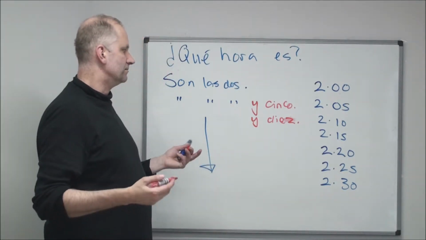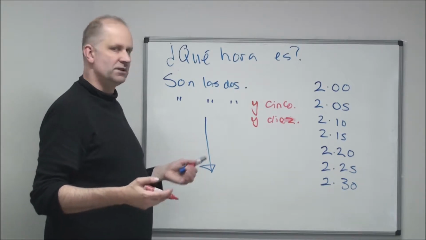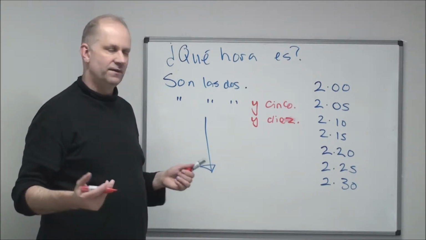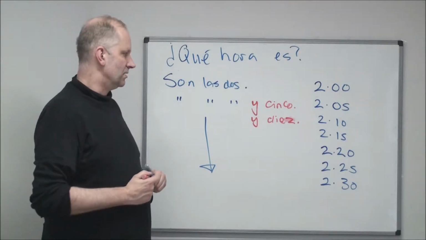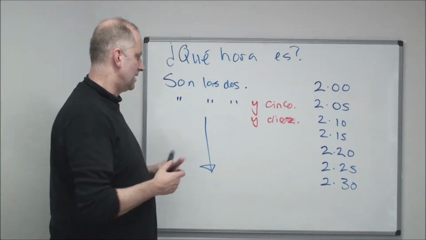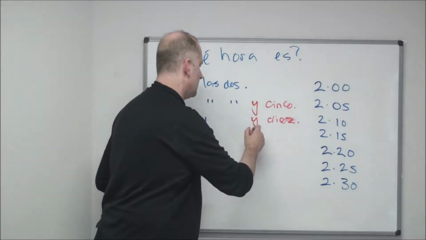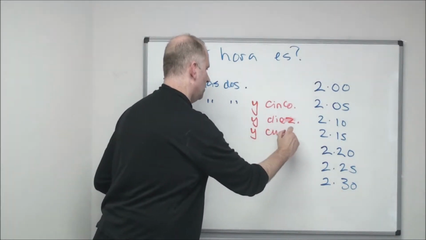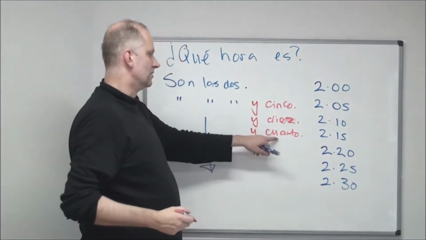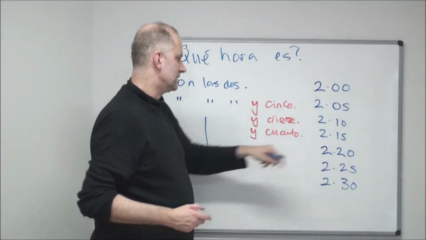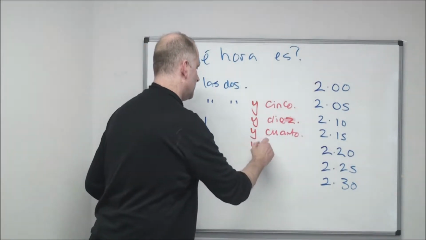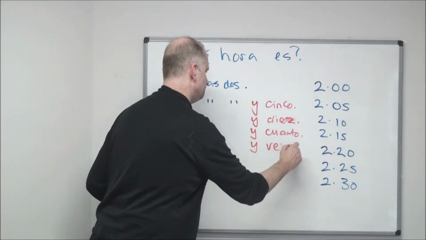If it was 2:15, it'd be son las dos y quince, meaning 15. But the more traditional way, I think, is to say son las dos y cuarto. Cuarto meaning quarter. Then we go back to 2 o'clock and 20, son las dos y veinte.